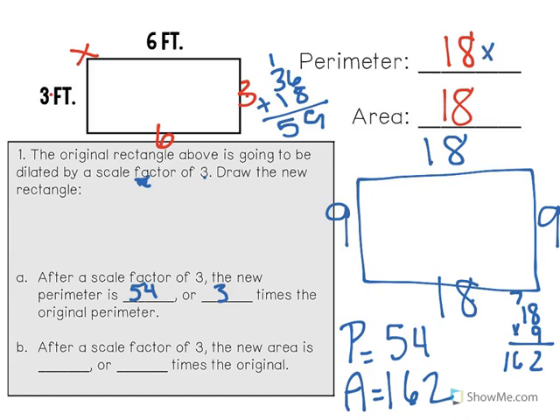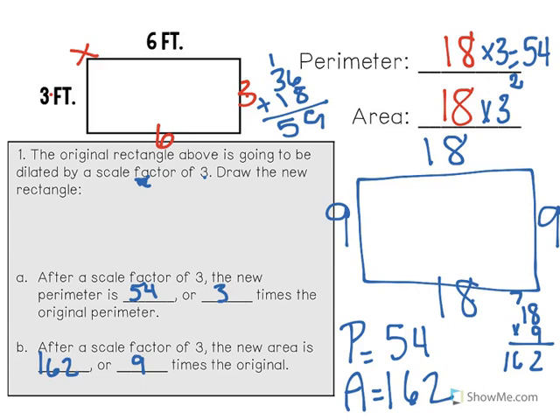So 18 times 3 is 54. And the area is 162, but it's also 9 times the original. Remember, you are multiplying it by your scale factor squared. So 3 to the power of 2 is 9, and 9 times 18 is 162.